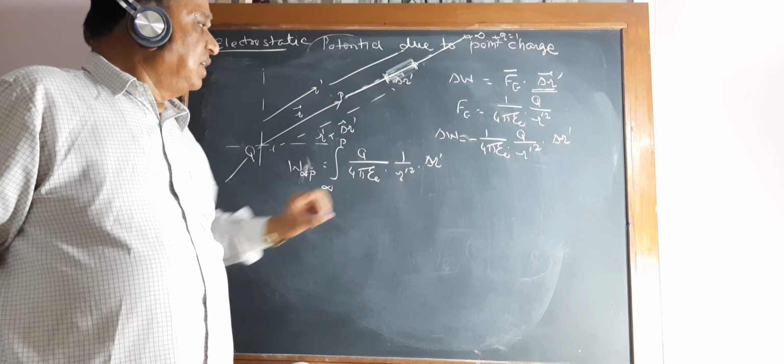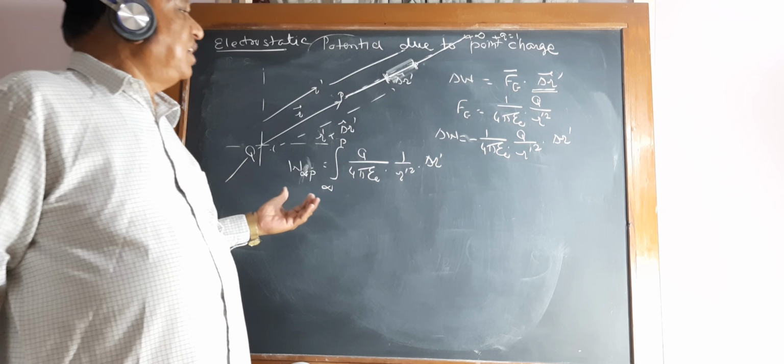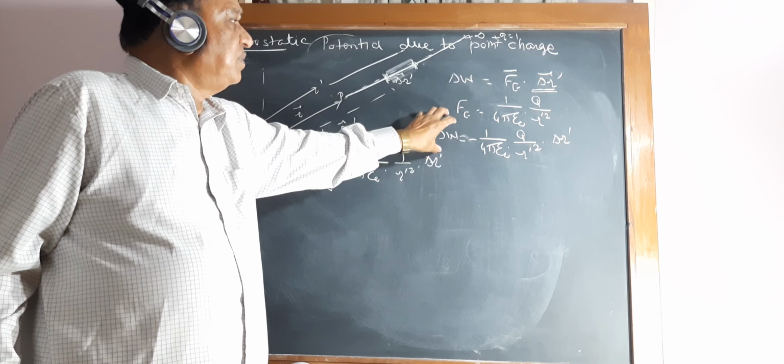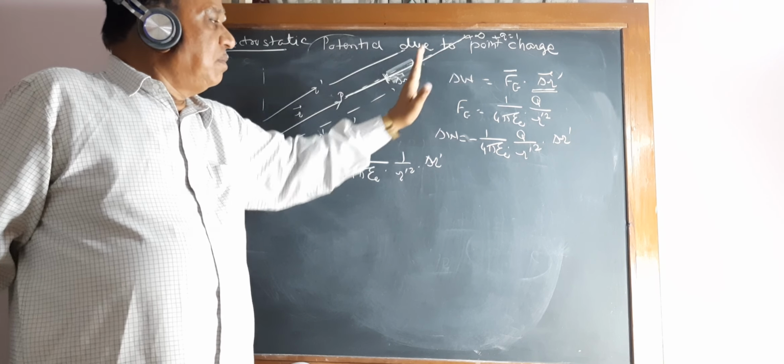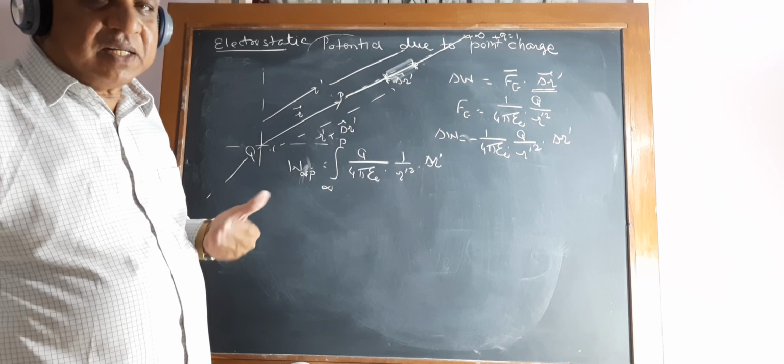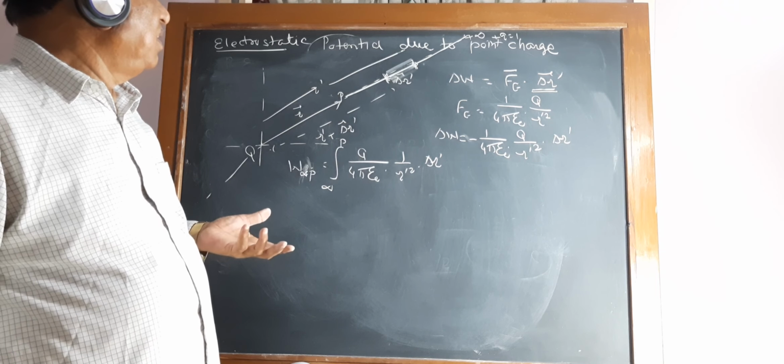Now see, here it is vector dot product, but both are on same line.